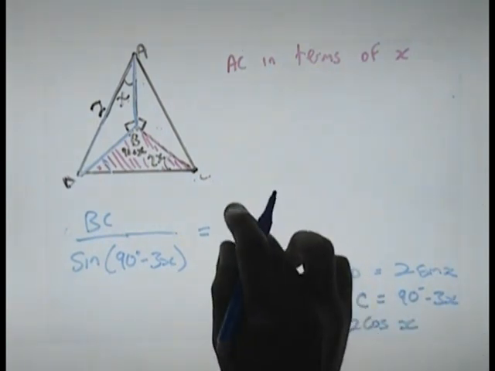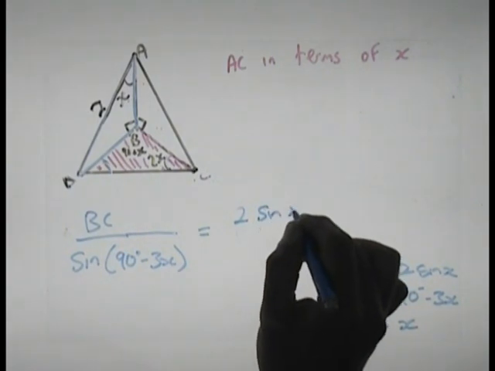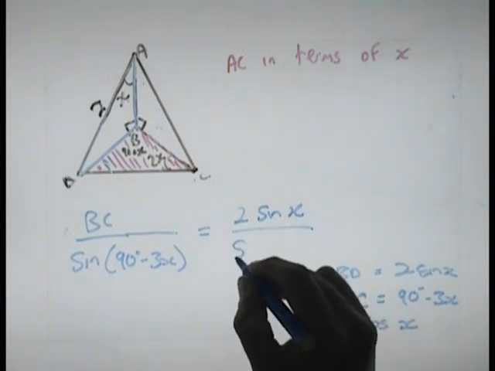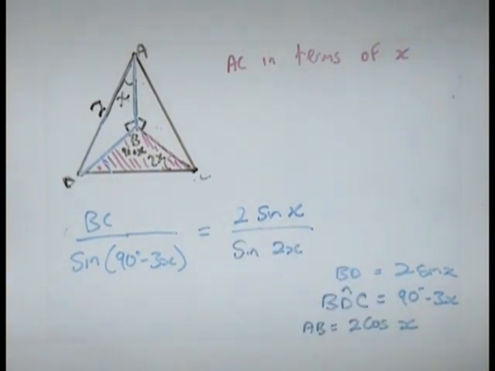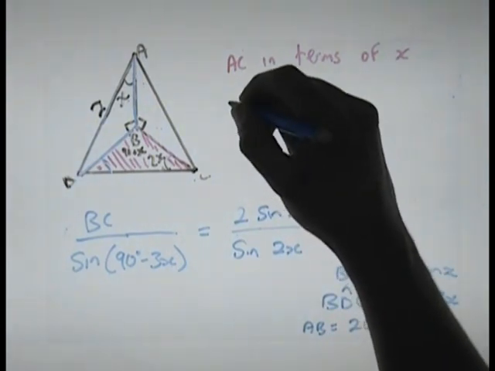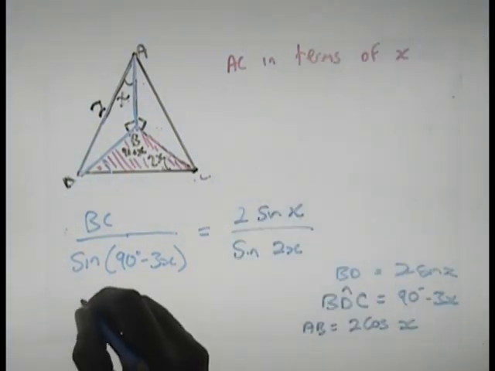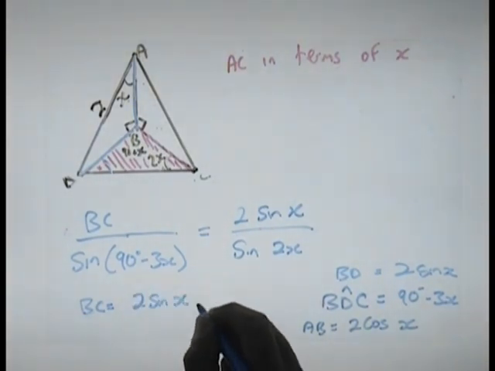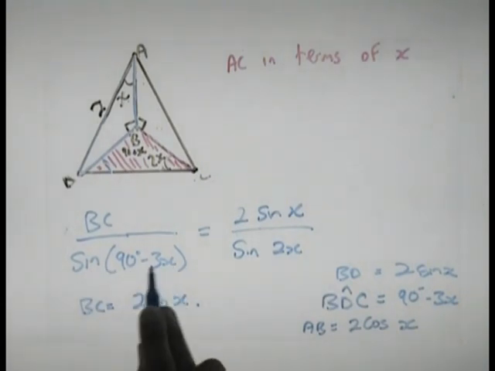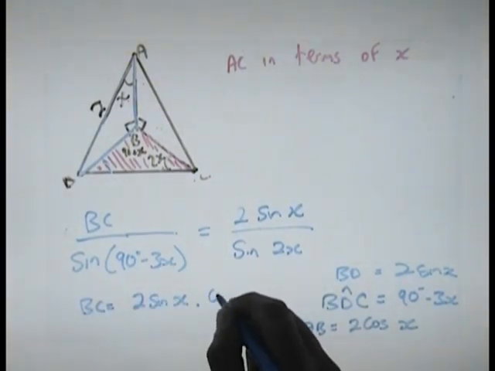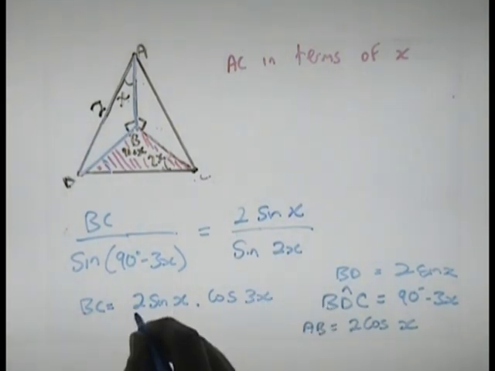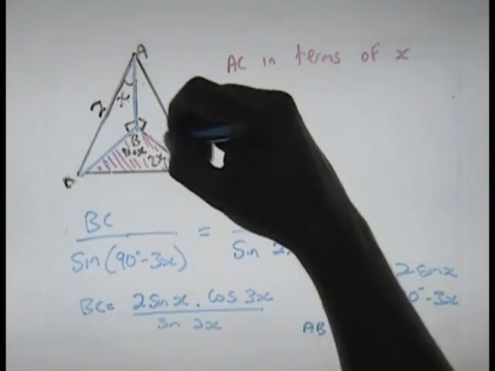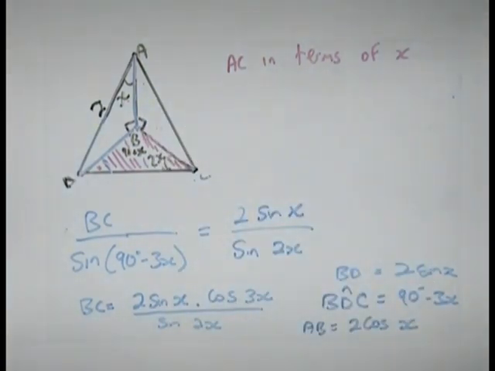So instead we can say 2 sine x, which is BD, over the sine of its opposite angle, which is sine 2x. That means that BC is going to be given by 2 sine x multiplied by sine of 90 minus 3x, over sine 2x. Isn't that the same as 2 sine x cos 3x over sine 2x? And that's what BC is equal to.